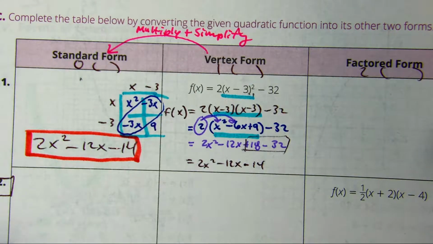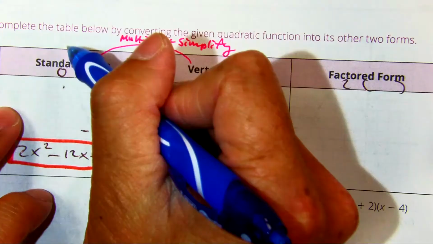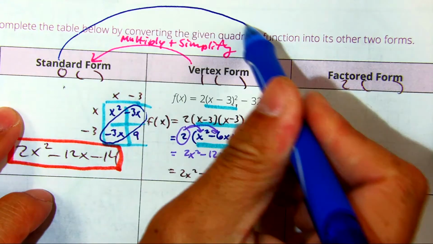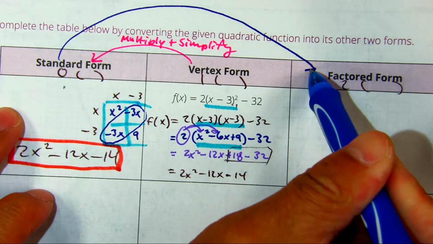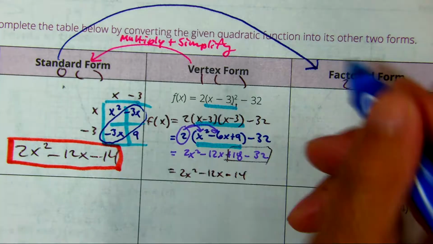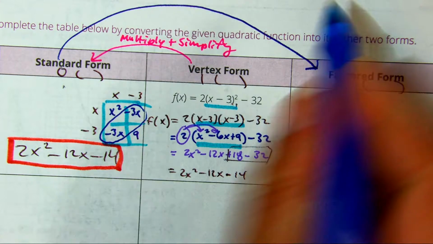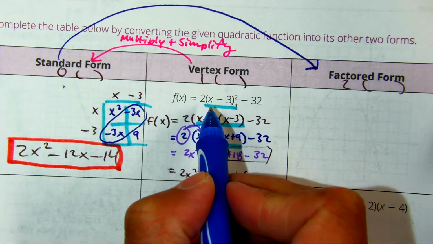Roberto, how do you think we can go from standard to factored? Two parentheses here?